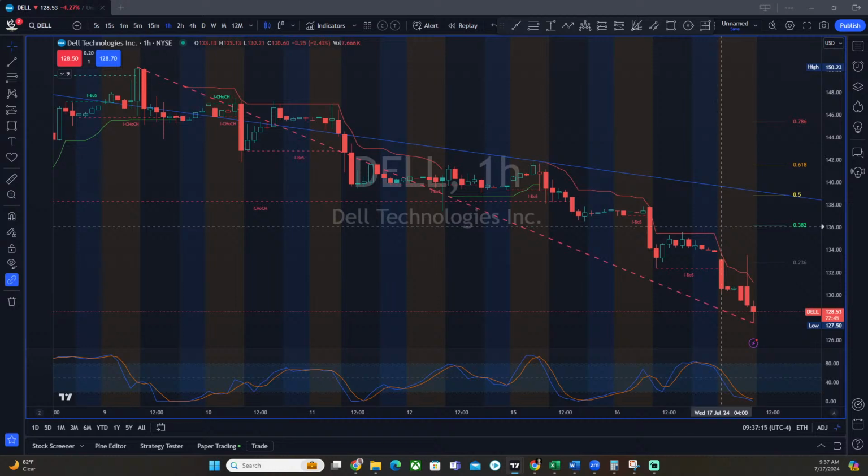But I thought it was gonna come with some steam, but that didn't really work out. All right, this was the chart. So Dell, 1 hour. I was looking for the target of 127, 128, somewhere around there, and they gapped it. So I had a target roughly about right here.